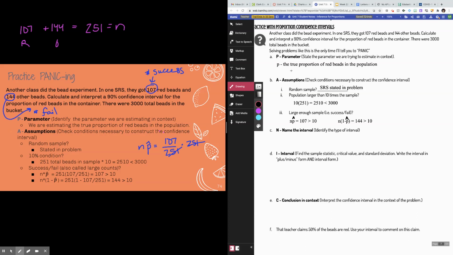So you have to make sure that when you're writing all of this stuff, that you indicate the difference between P and P hat, because there is a very important difference. Okay, so, and then just as a reminder, number of successes comes from this formula, number of failures comes from this one. Okay, so that's step 2.